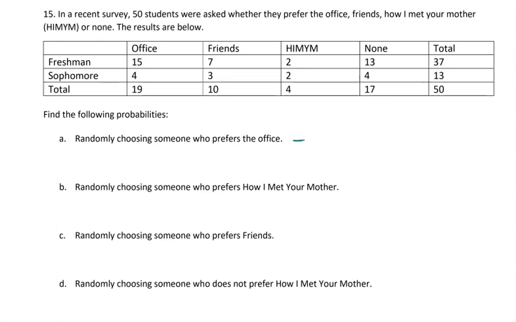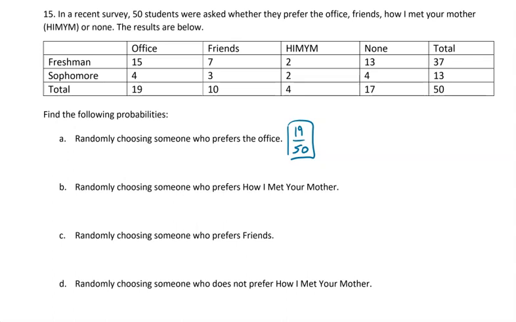So we know it's going to be out of 50 because these are still 50 students. And we're looking at the Office column. In this case, we actually made it a little easy for you. It already has a total at the bottom, so we don't have to add up the freshmen and sophomores. That's already been done for us. So it's the 19 out of 50.